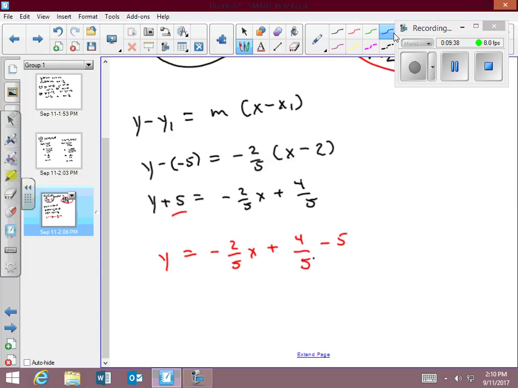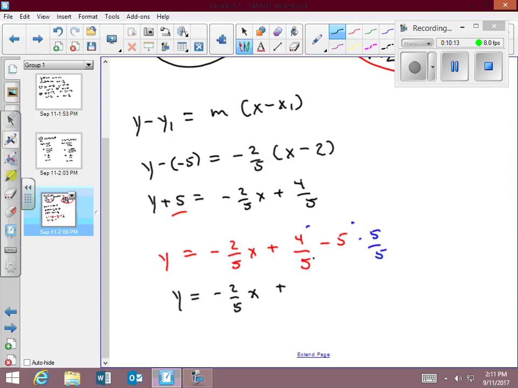Common denominators, right? So what's the common denominator between 4/5 and 5? We have to build it, don't we? We build it with a 5 times 5/5. Now we got a common denominator. So now we have y equals negative 2/5 x.